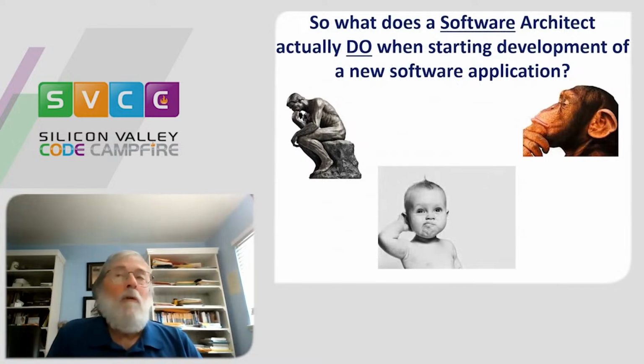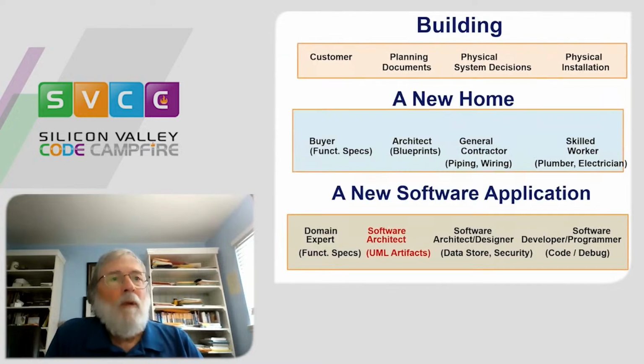So what does a software architect actually do when starting to develop a new software application? It turns out it parallels what the architect did with the house. The buyer becomes the domain expert. If you're designing a system to automate a library, it's the librarian. If you're designing a system to handle enrollment at a college, it's the registrar.